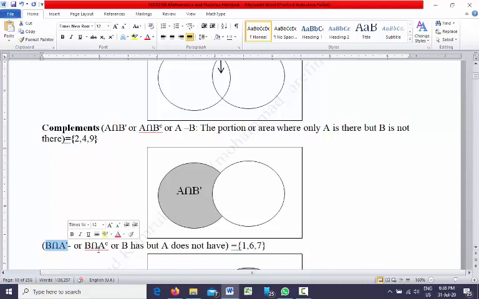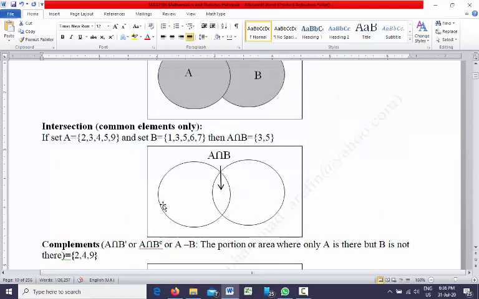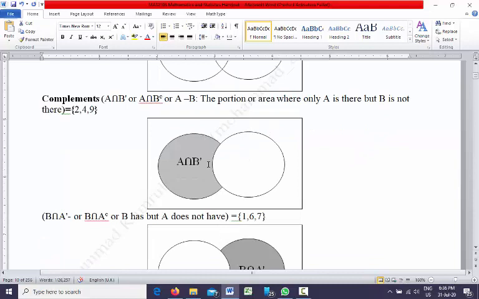So we will remove the elements of set A. As you can see here, 3 is common, so 3 is in set A. We will remove that one. 5 is also common. We will remove that one. So only set B is 1, 6, 7.